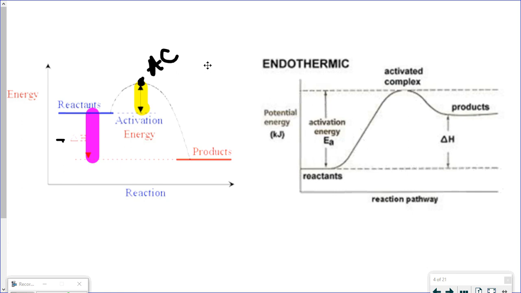It lost energy. And yet again, if you're given a scale, you can subtract and find these values. Remember that the activated complex is going to be at the top peak. To find activation energy, or Ea, sometimes you'll see it written, you're going to do the difference between the activated complex and the reactants.